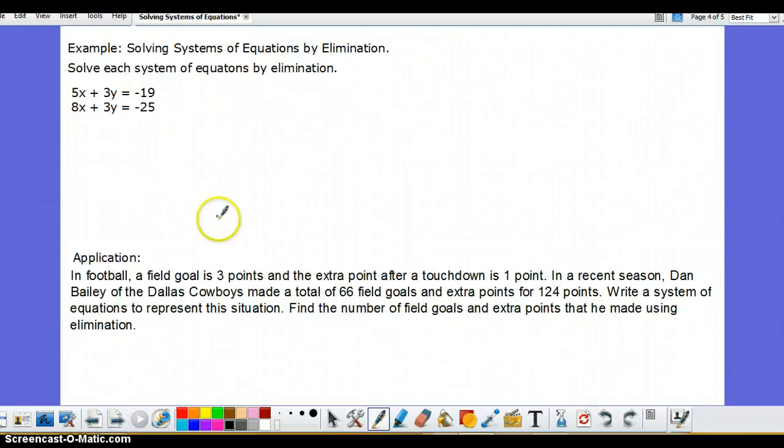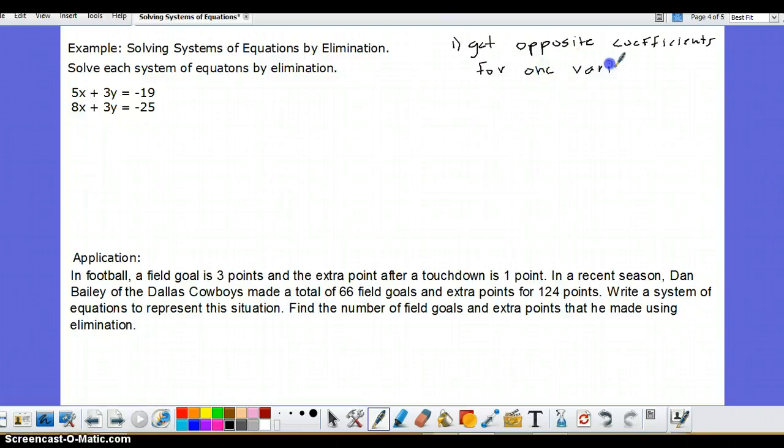All right, elimination. Elimination is really easy. So we want to get opposite coefficients for one variable. After we do that, we add the equations together. That will eliminate one of our variables.